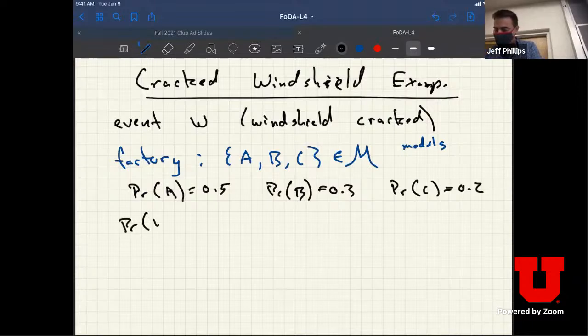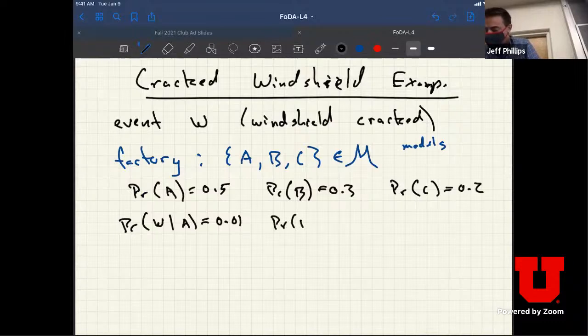So the probability that a windshield is cracked out of all the cars coming out of factory A, after a year, what fraction of them had a cracked windshield? This one was 1%. Maybe these numbers are artificially high, but we'll use them as an example.